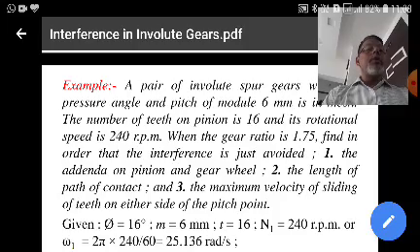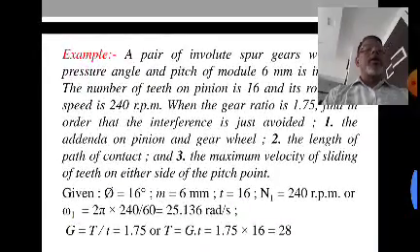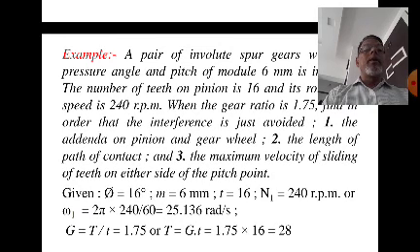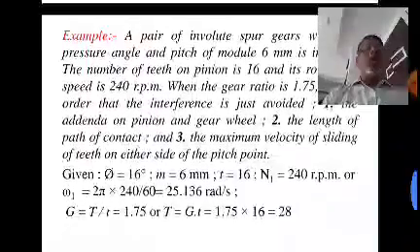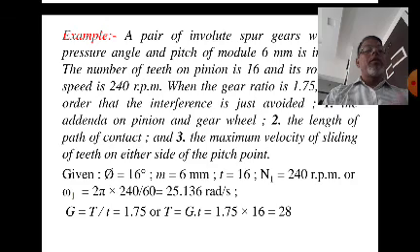When the gear ratio is 1.75, find, in order that the interference is just avoided, first the addenda on the pinion and the gear wheel, second the length of the path of contact, and third the maximum velocity of sliding of the tooth on either side of the pitch point. That means on the left hand side of the pitch point and on the right hand side. On the left hand side of the pitch point there is the length of path of approach, and on the right hand side of the pitch point there is the length of path of recess. So what is given here?